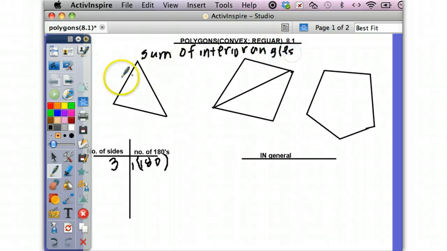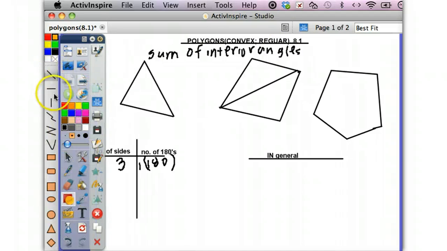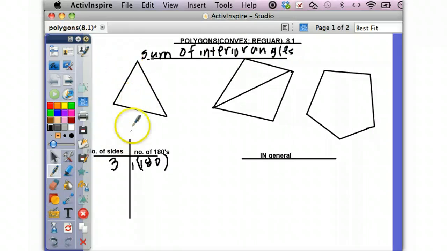That's what we're after here. Sum of the interior angles. Let me just give it a subtitle there. All right, so for a triangle, we have 180.